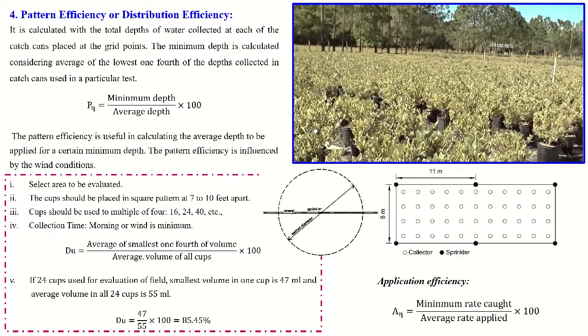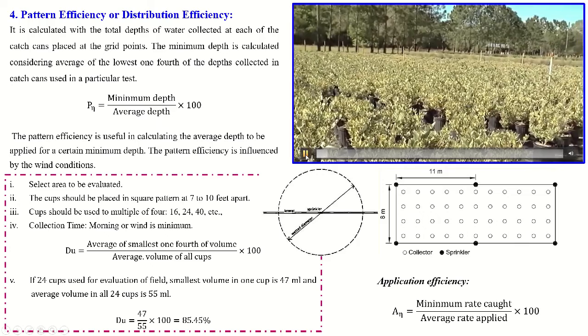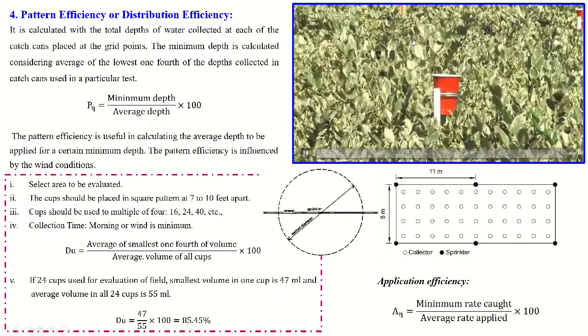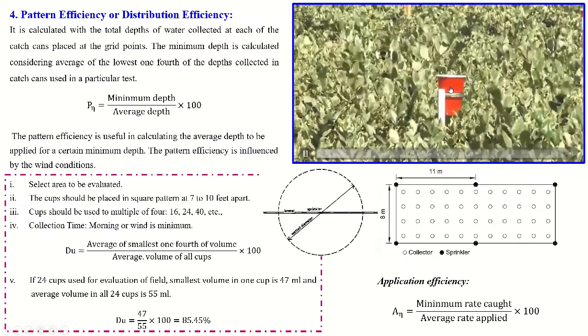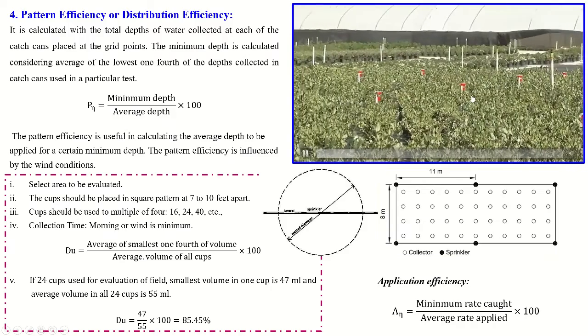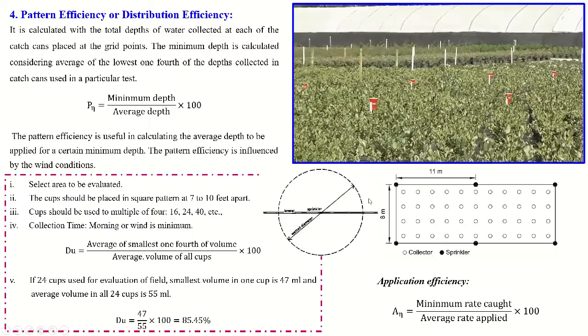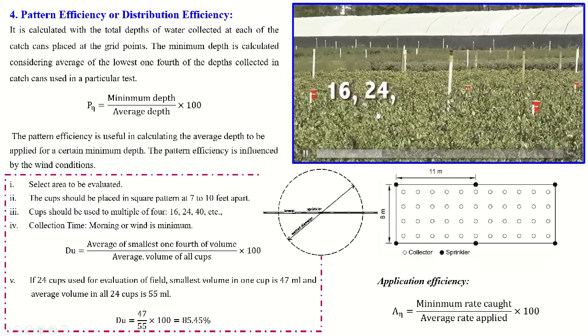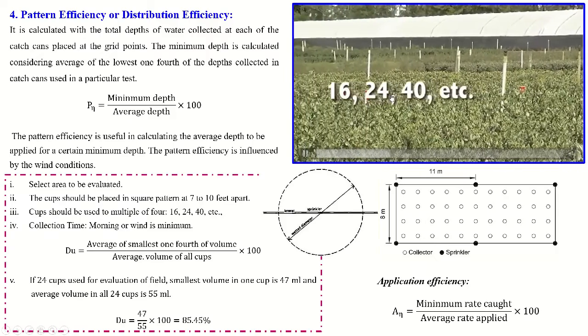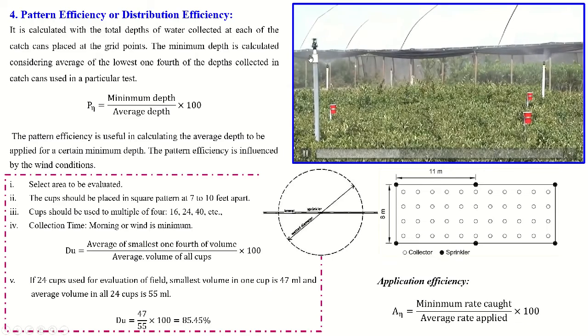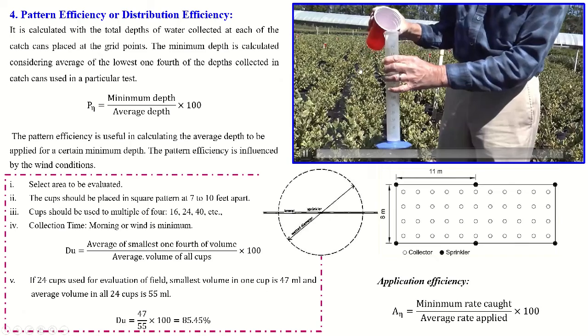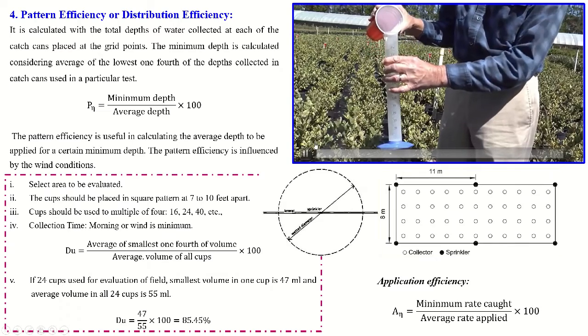So let us see the video here. Such cups are arranged in a field in a grid pattern at the required locations as shown in this picture. These are 16 to 24 or 40 cups, as I told you. When the sprinkler operates, the water will collect in the cups and you should measure it.